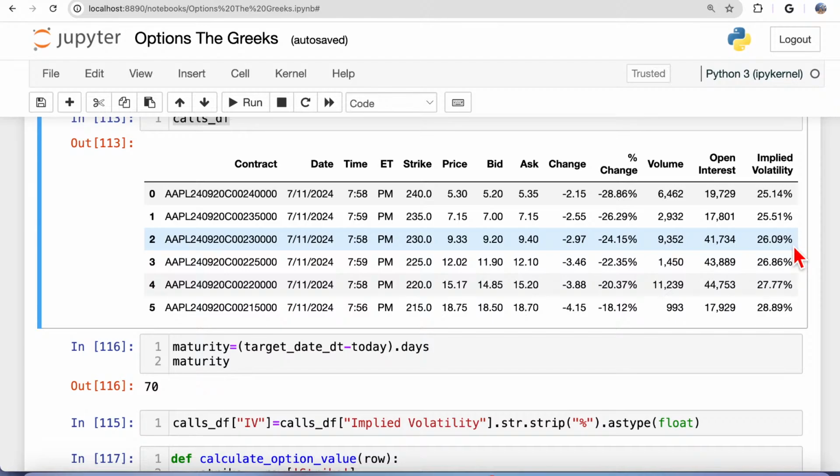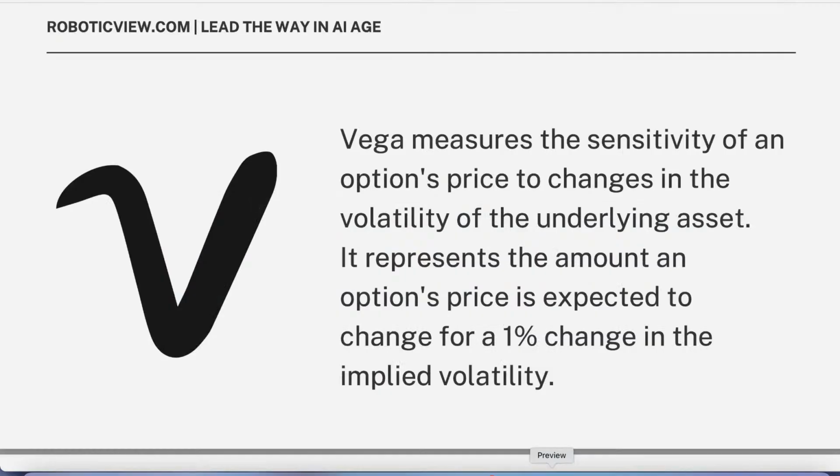Some stocks might be really, really volatile, like small cap stocks, or some internet stocks or tech stocks. They could be all over the place, dancing like a ballerina, dropping, jumping. So this vega number will tell us what will happen with the price of that option contract if volatility changes.